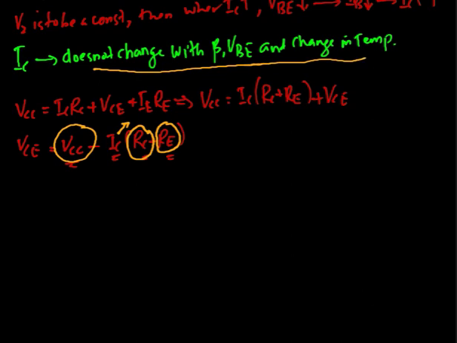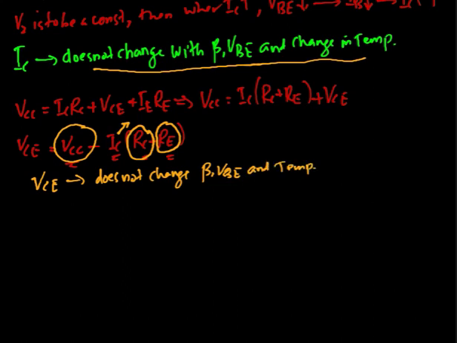So we can say that VCE also does not have any change with beta or base emitter voltage VBE and temperature changes.